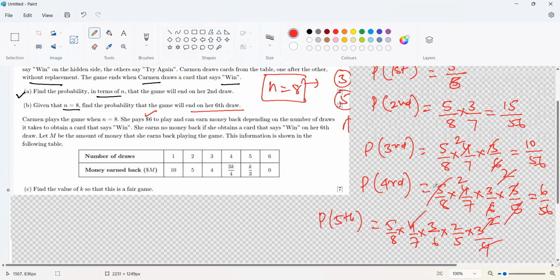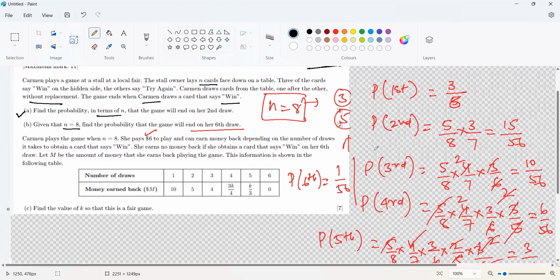What I'm left with is 5, 5, 3 times 2, 2. So I'm left with 3 upon 56. And we know the P6 is what? P6 drawn, we already found. That is 1 over 56. Are you getting this?